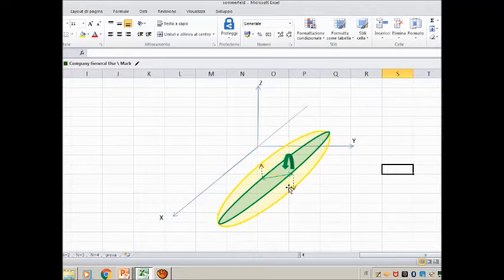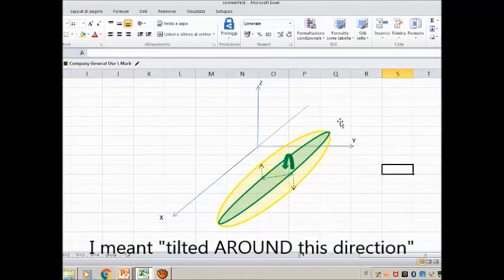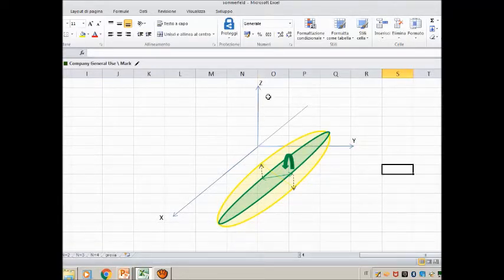Let's focus just on the yellow one. What happens if I assume that the green one, which I recall is bigger than the yellow one, can be tilted along this direction in the third dimension?